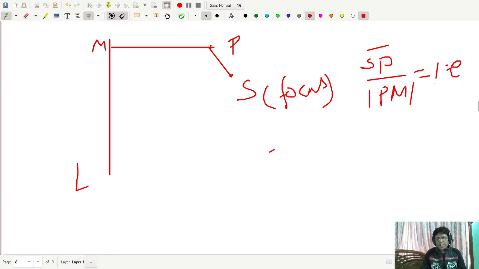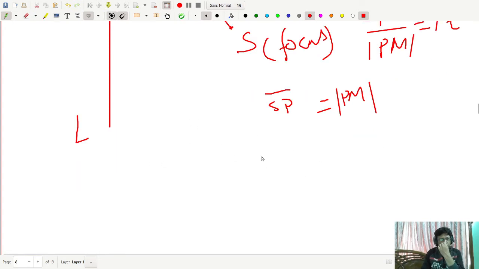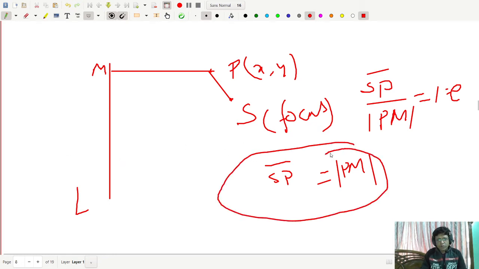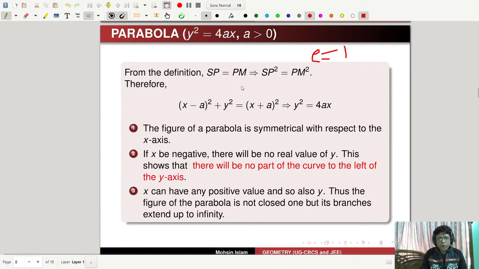So SP equal to PM. That will give you the equation of the parabola. Suppose S is the focus and P is any point x comma y, and if you know this straight line, you can get the equation of the parabola from this relation, SP equal to PM.